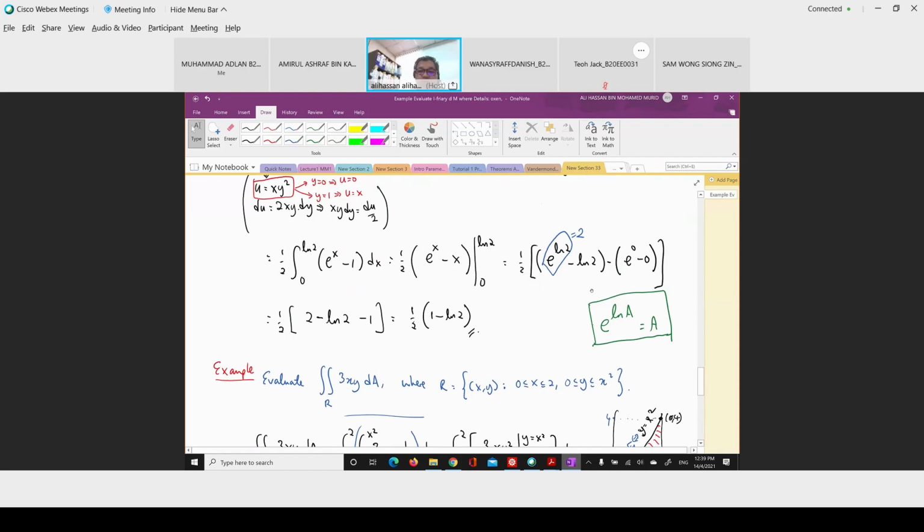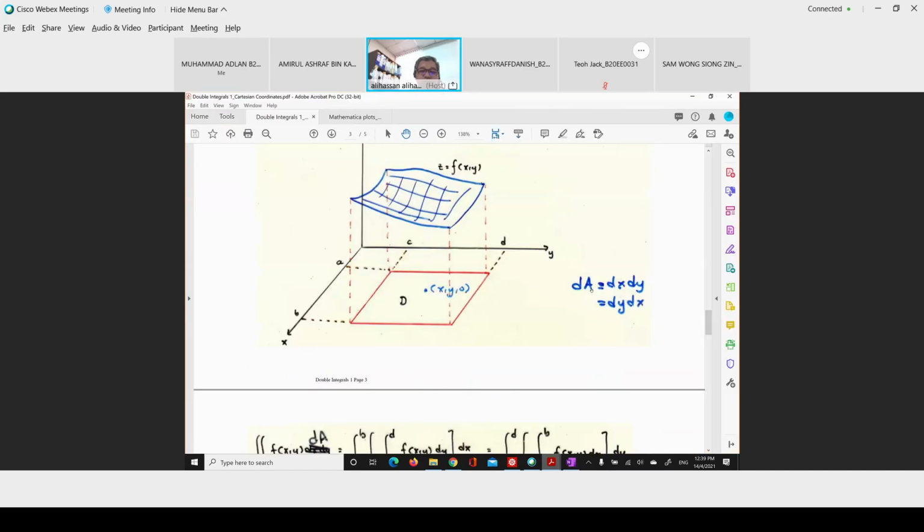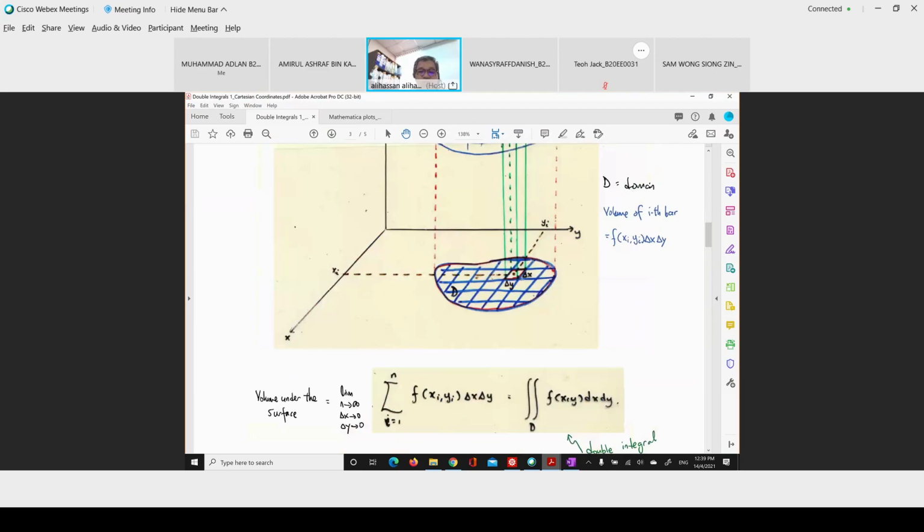Remember we have delta x, delta y here, so the area element is the product. I can say delta A is equal to delta y times delta x. But when we take the limit as n tends to infinity, delta A becomes dA. Similarly, delta x becomes dx, delta y becomes dy.